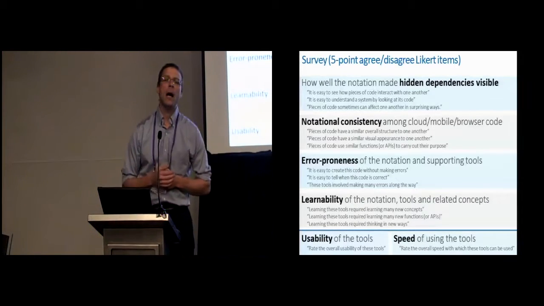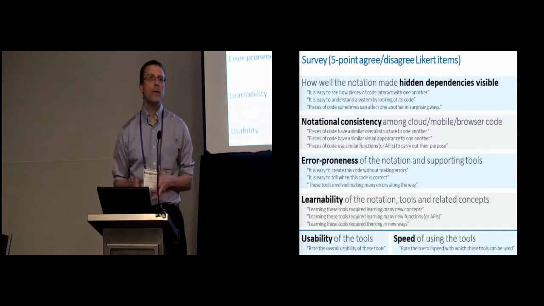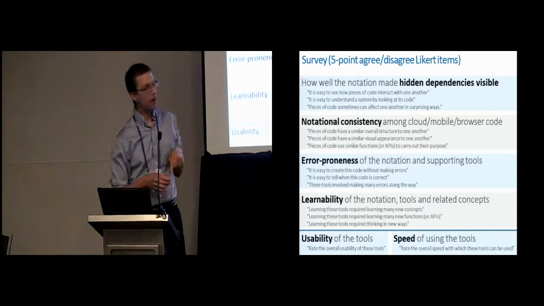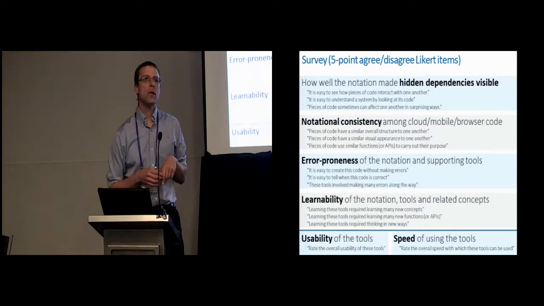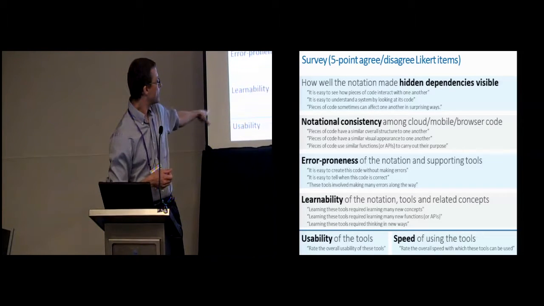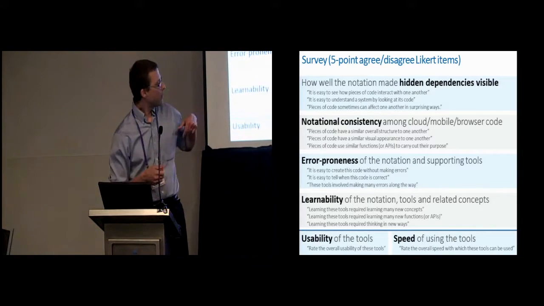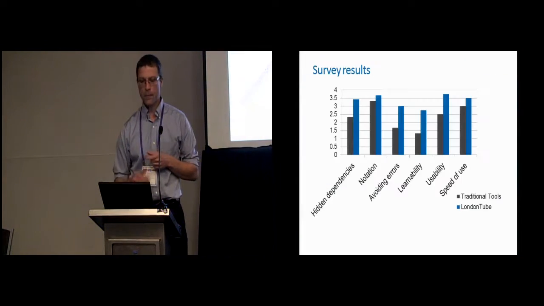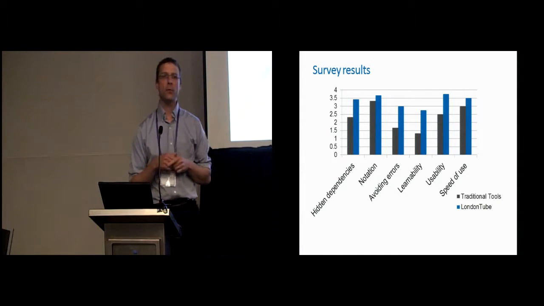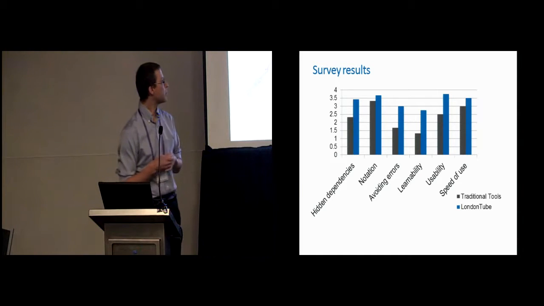In addition, after this study, we gave them a little survey with 12 questions in 4 different categories. They were Likert questions: how much do you agree with different aspects of the goodness of these systems? Then we asked overall about the usability and a rating of the speed of using the tools. On every one of these dimensions, we found that LondonTube performed as well as the traditional tools, a little bit better.